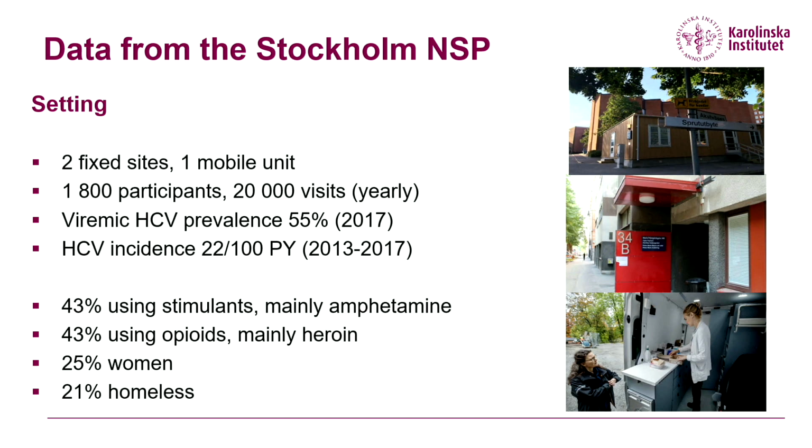The viremic hepatitis C prevalence in 2017 was really high, 55%, and we had a high level of HCV incidence, corresponding to 22 per 100 person years. There's a mix of heroin use and amphetamine, so it's 43% using amphetamines and 43% using opioids, mainly heroin. 25% are women, and 21% are homeless.